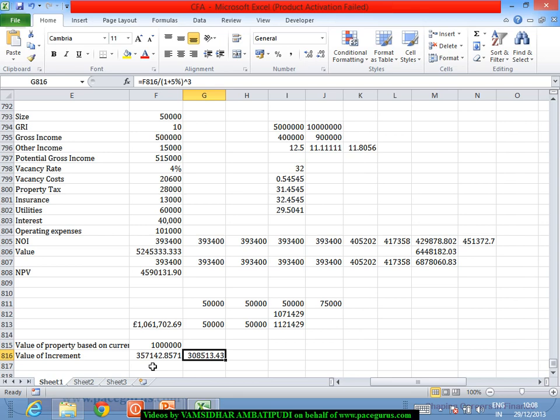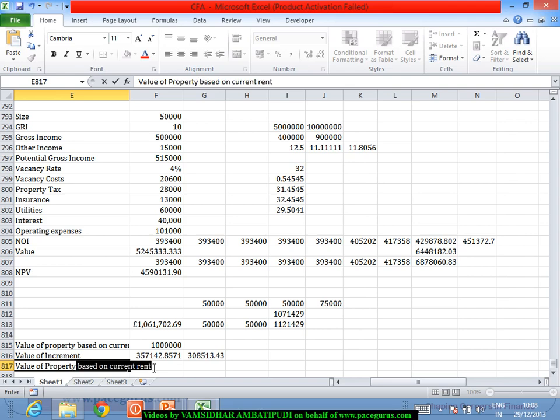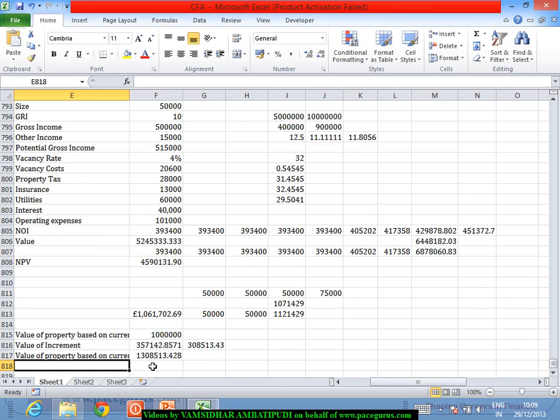So from here, if I am finding out the value of the property, it is going to be this plus this, which is 1.3 million.